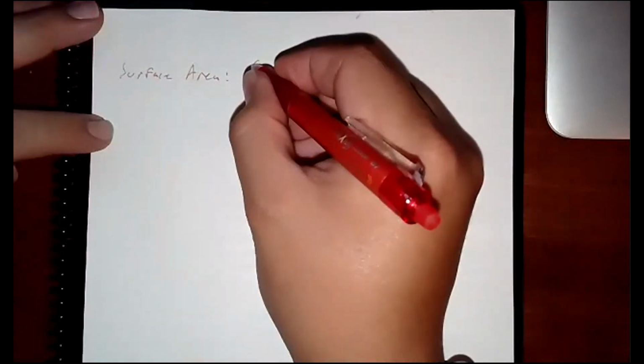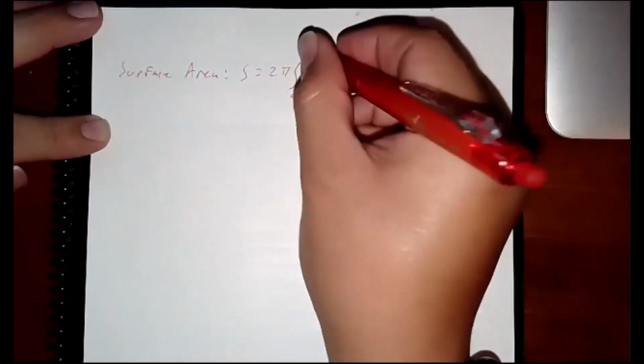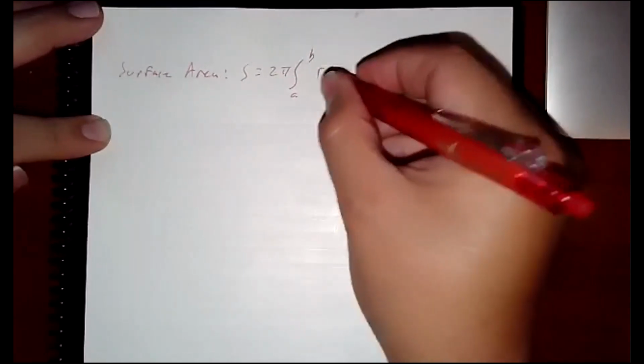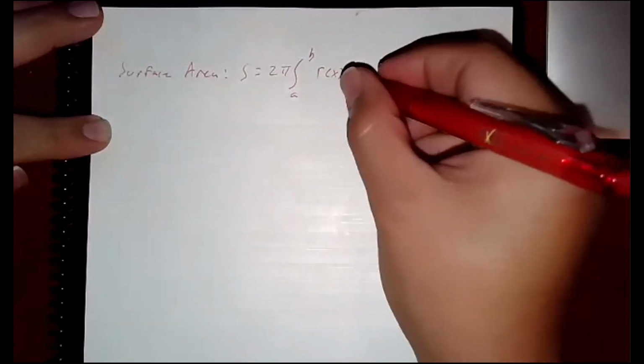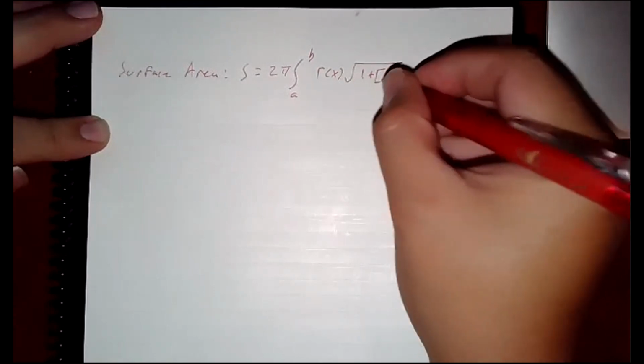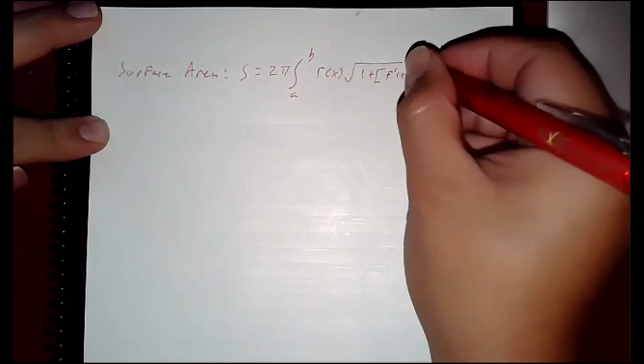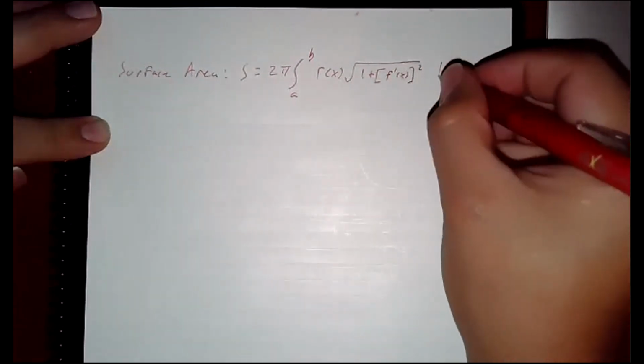So the formula would be S equal to 2 pi times the integral from a to b of r of x times the square root of 1 plus f prime of x squared dx.